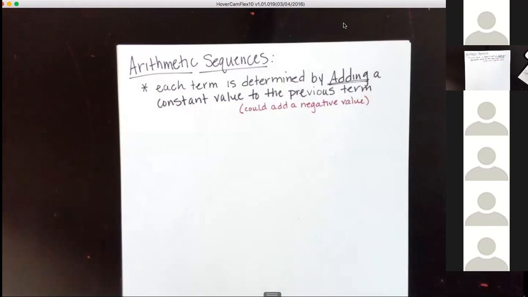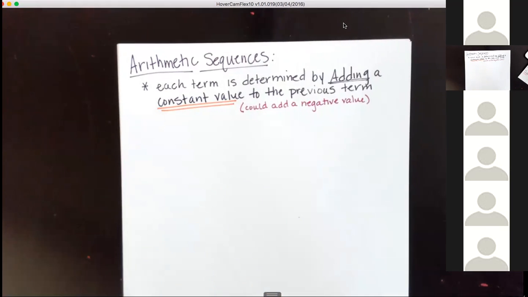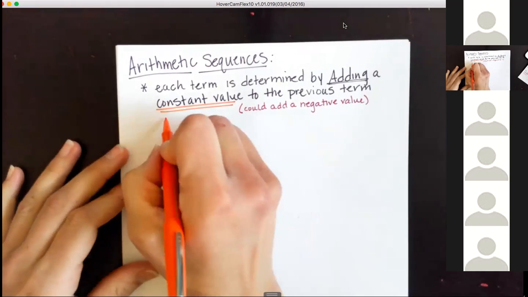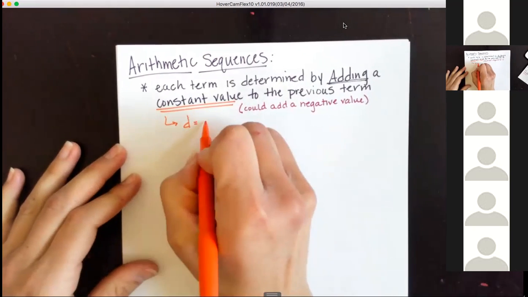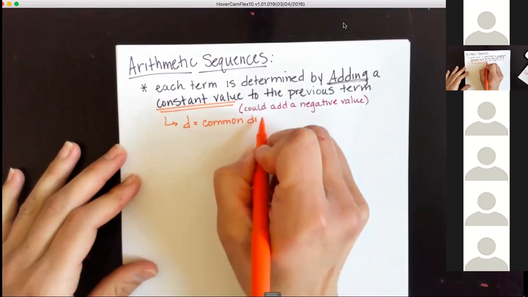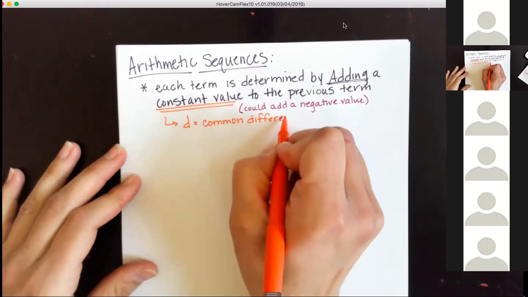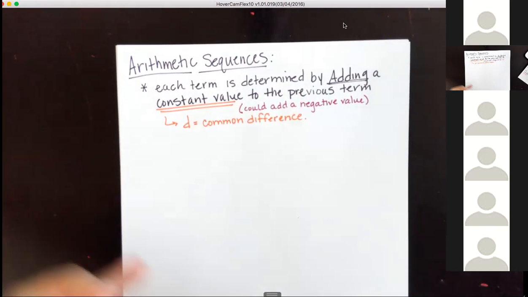Now this constant value that we add to every previous term is designated with the letter D, and that is what's called the common difference. And a lot of times the reason is because what you're looking at in a set of numbers is, from one value to the next, what's the incremental move between them.